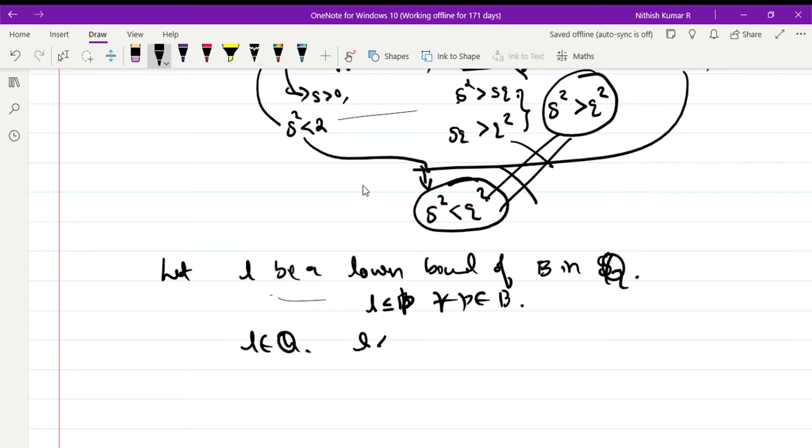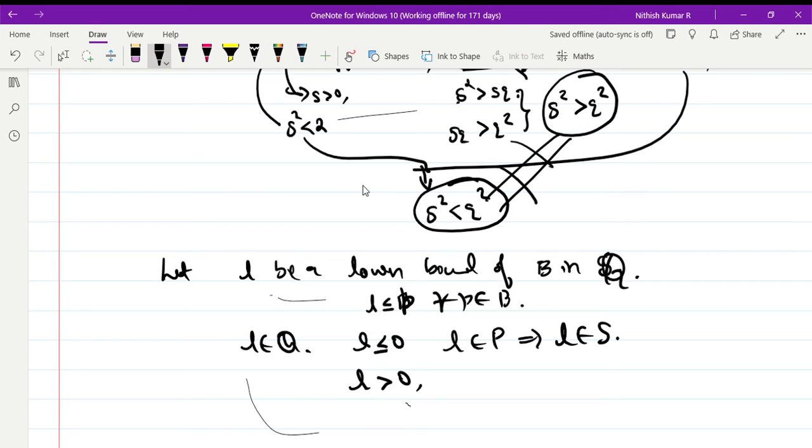Suppose L is less than or equal to 0. Clearly it's a lower bound, and this implies L belongs to A. Suppose L is greater than 0.